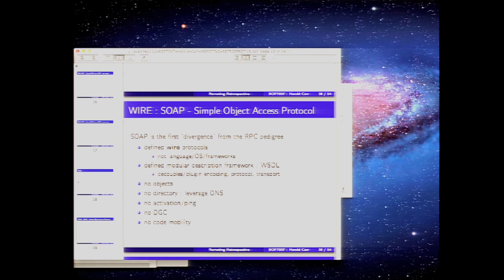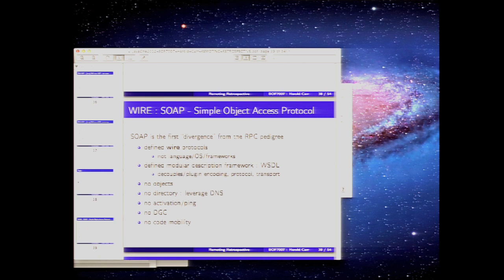Be that as it may, SOAP is a good thing in terms of the evolution of remoting systems, because it really focuses on the wire. There's no objects to be seen, no directory to be seen. Sure, there was this thing called UDDI, but nobody uses it. There's no activation ping, no distributed garbage collection, no code mobility. What you've got is some service out there in the network that you have no control over.